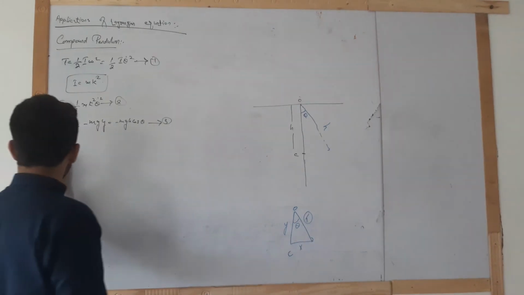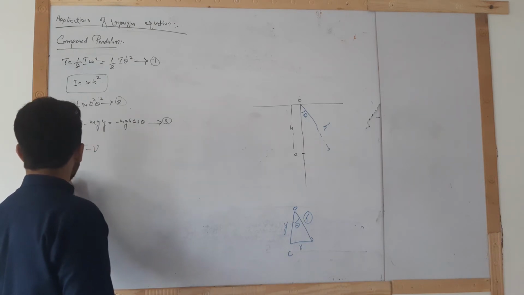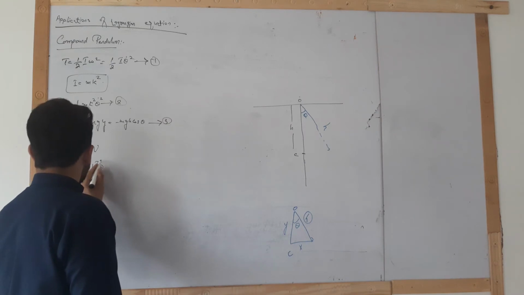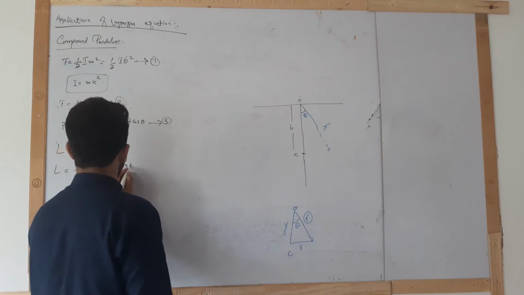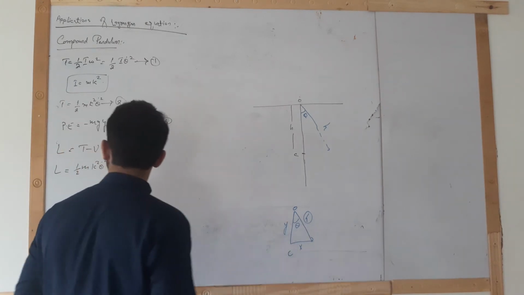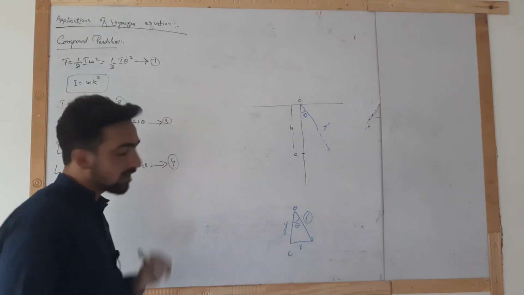Now the Lagrangian is defined as L equal to T minus V. So L is equal to half m k square theta dot square plus mgh cosine of theta. This is our equation number 4.